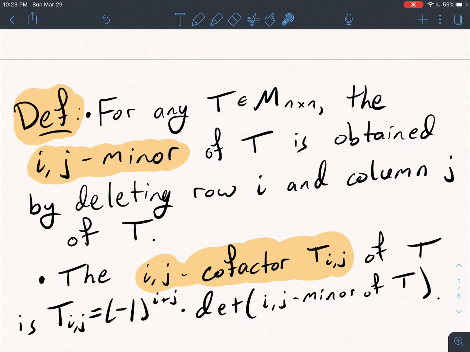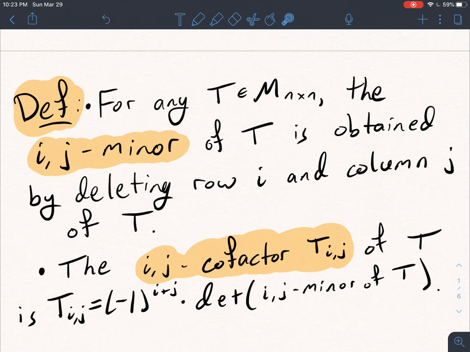And so the next part of this definition, the ij cofactor, which we denote by capital T sub i comma j, is basically what we were using in the previous example, where we take that ij minor of T and take the determinant of that minor. And also this -1 to the i plus j symbolizes the alternating sum that we had.